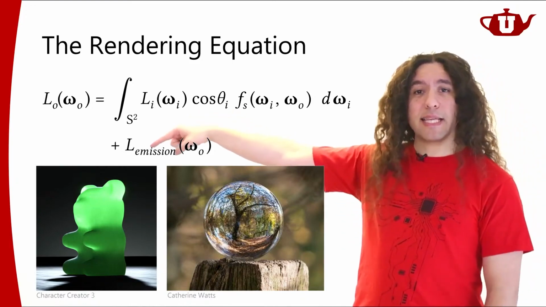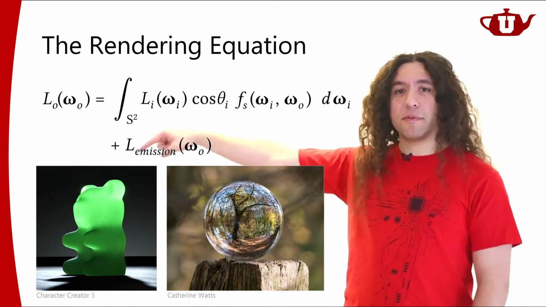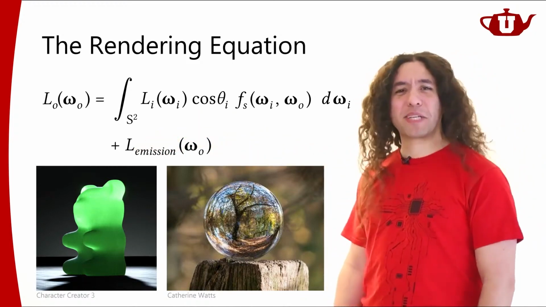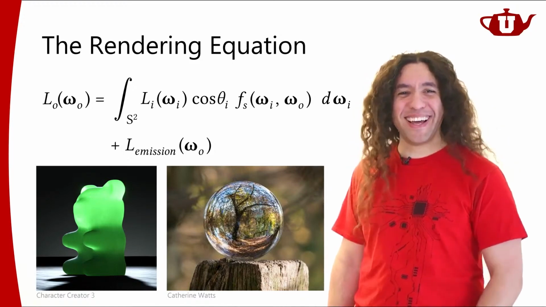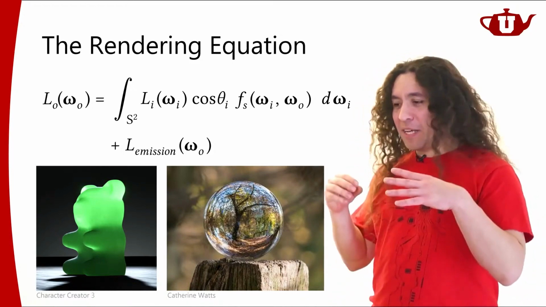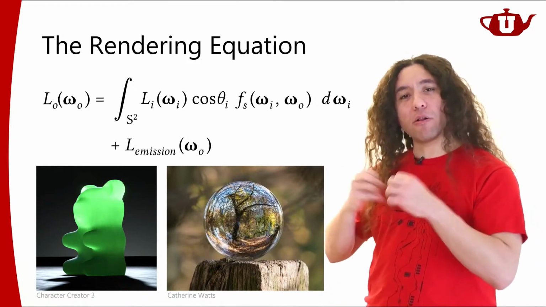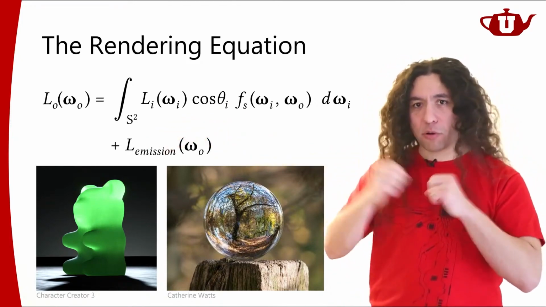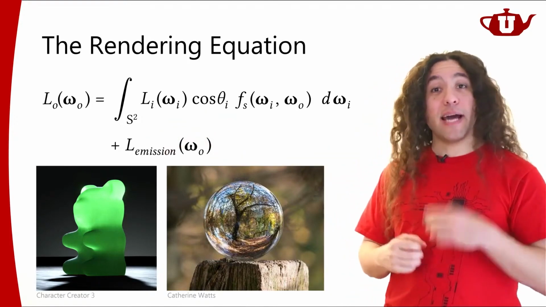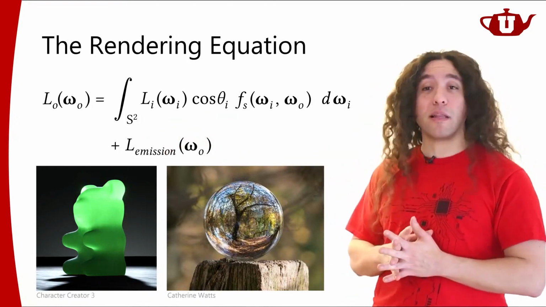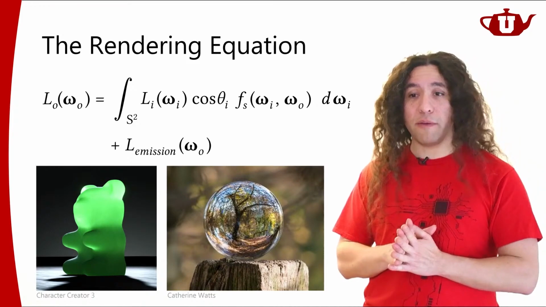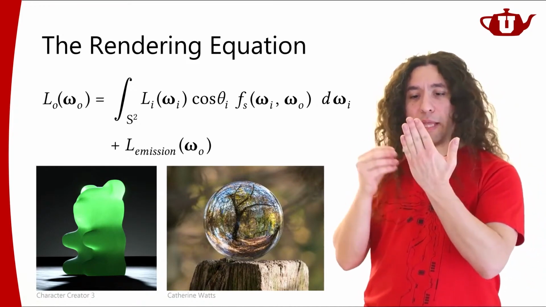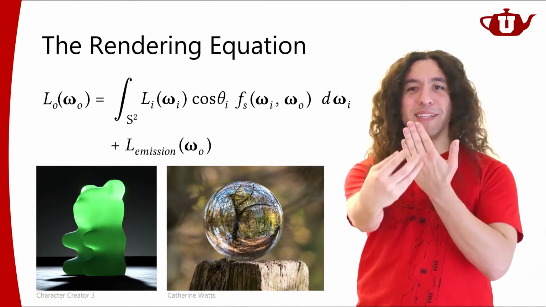But in this case, if you think about this gummy bear, maybe, light is scattering inside the volume of this object. Inside this volume, light is bouncing off. And that actually happens a lot in reality. If you shine a piece of light on your hands, you'll see the light coming from the other end.